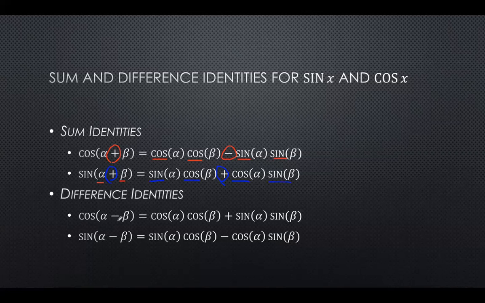Same thing for difference. For cosine, you have cosines multiplied together plus sines multiplied together. But for sine, you have sine multiplied by cosine and cosine multiplied by sine.